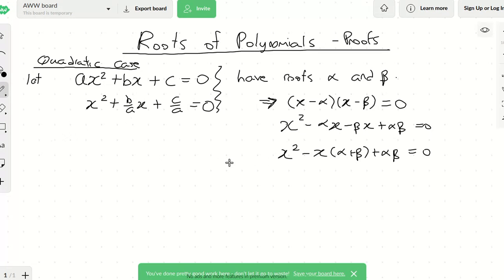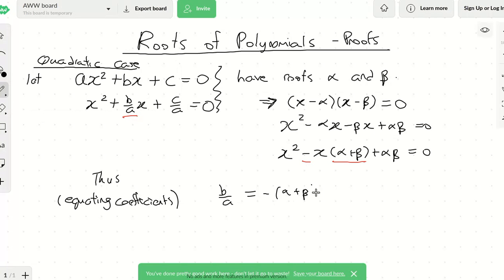Well, now I can just look at it and say, thus, by equating coefficients, we have b over a. Well, that term must be equal to the x coefficient here, so that must be equal to minus alpha plus beta, and c over a, and that's this term, must be equal to alpha beta.